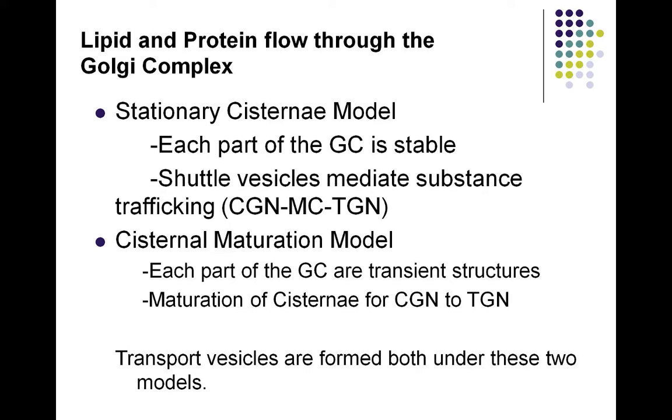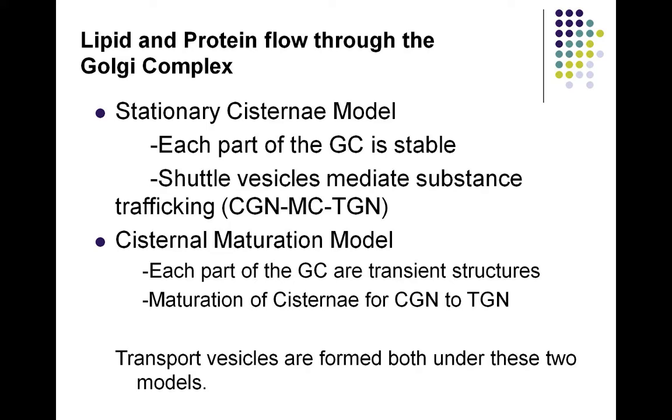And the flow of molecules such as lipids and proteins is via the action of transport vesicles. The major shuttling elements are the transport vesicles. They allow trafficking of substances through the CGN to the medial region to the TGN.